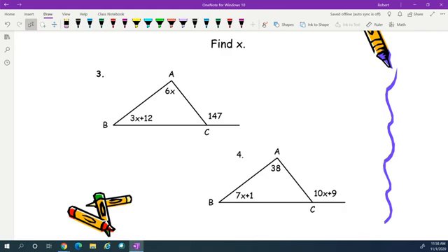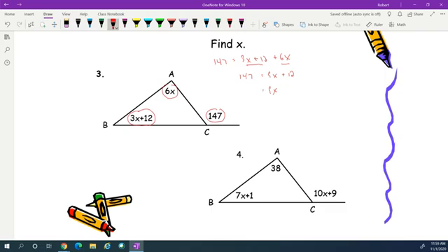The exterior angle equals the sum of the remote interior angles. 147 equals 3x plus 12 plus 6x, the two remote interior angles. And we just do some algebra. 9x plus 12.